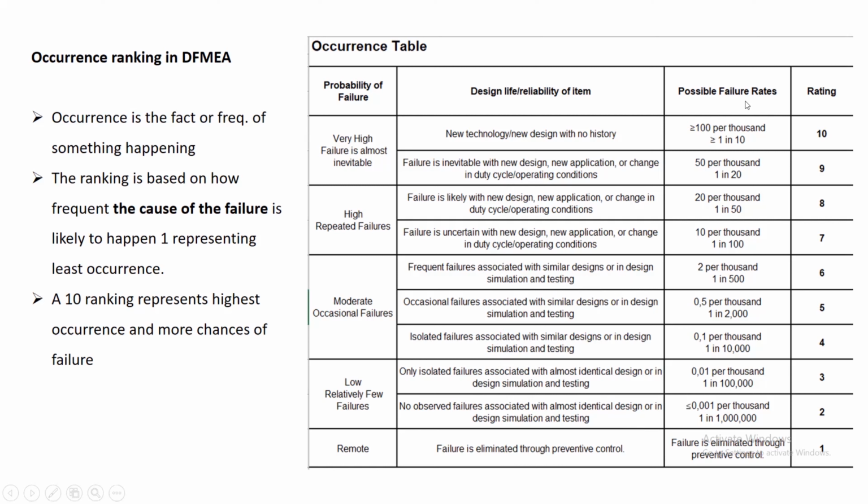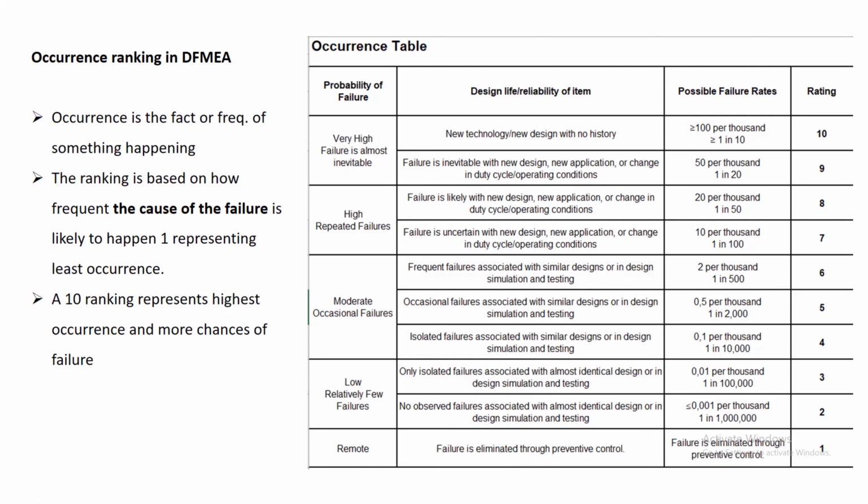Now, when we look into the possible failure rates column, here we are able to tabulate. For example, if you have a failure which happens 2 per 1,000 or 1 in 500, it can be categorized into 6.